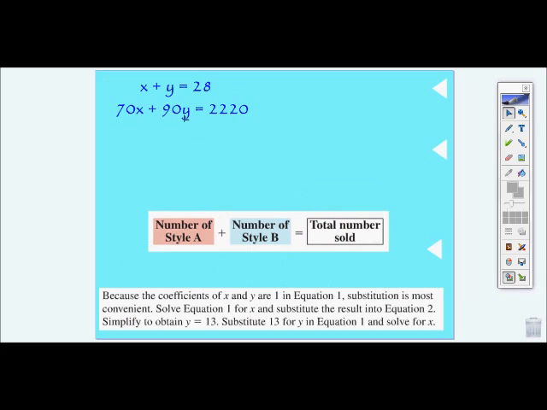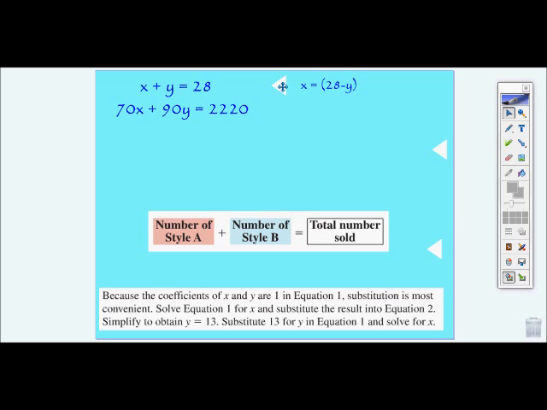Now that we have our two equations, we need to decide which method we will use to solve this. Because our first equation has two variables, x and y, and both of those variables have a coefficient of 1, substitution would be the best method of solving. I'm going to take the first equation and solve for x: x equals 28 minus y.